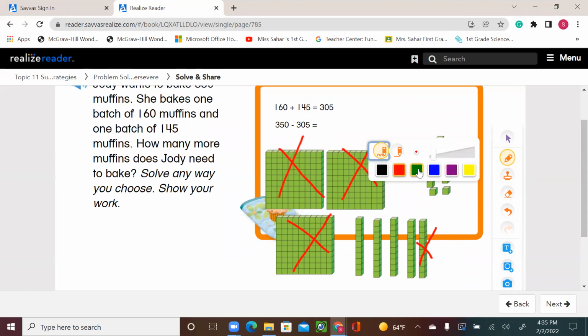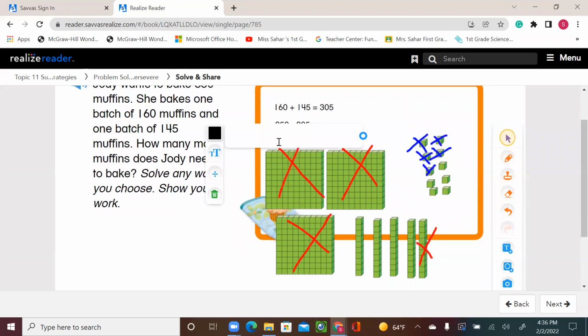Okay. Now what I need to do, I don't have hundreds. I have only 1, 2, 3, 4 tens. And now I need to take 5 ones. So 1, 2, 3, 4, 5. So that will leave me with 10, 20, 30, 40, 41, 42, 43, 44, 45. So what do I have left? 45.